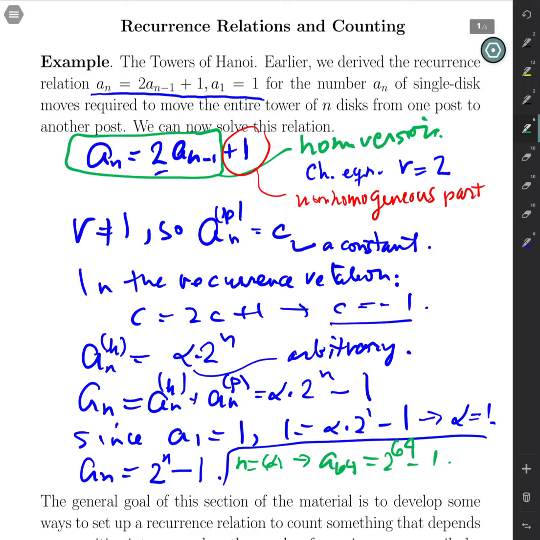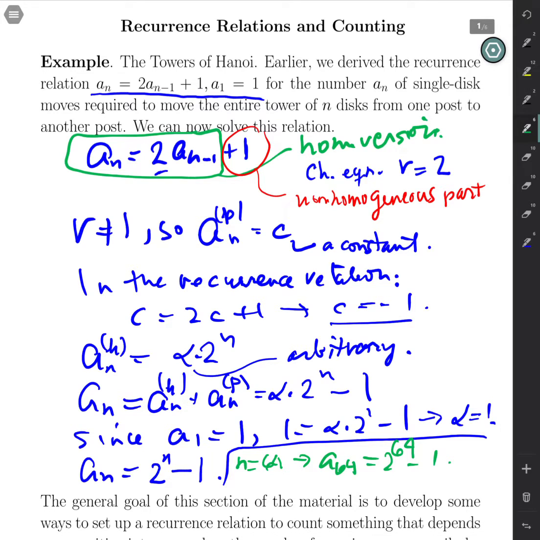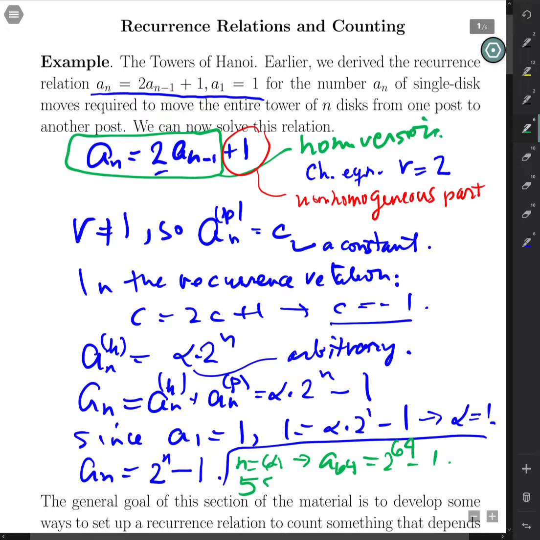If it took us a second to move one disk to another post in the appropriate way, then this is the number of seconds it would take us to move the whole tower of disks to one of the other posts. And as we did the calculation in class, this came out somewhere in the neighborhood of 580 billion years, 584.5 billion years.